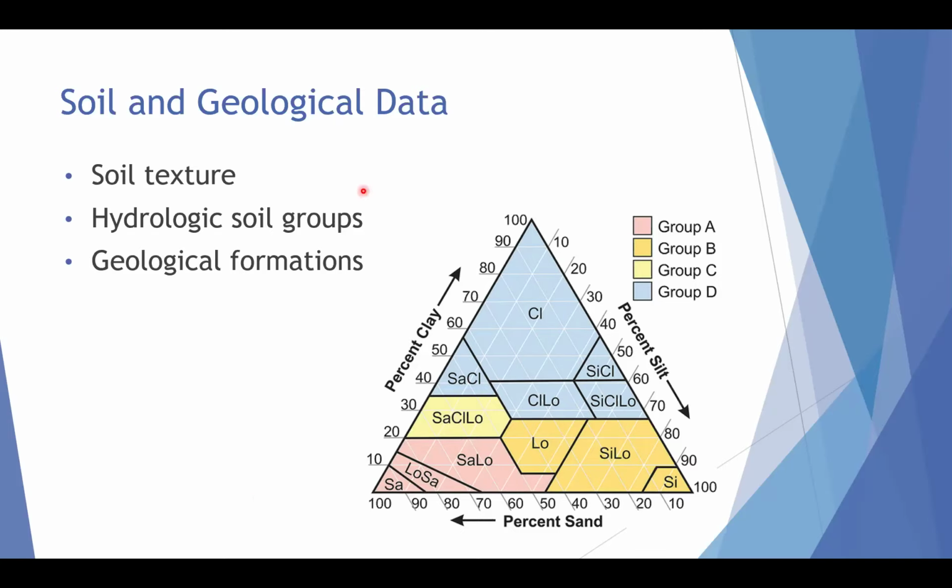Basically, you work with soil textural groups, grouping the soil texture into A, B, C, D, where A will give you a high amount of infiltration, and D will have very little infiltration.